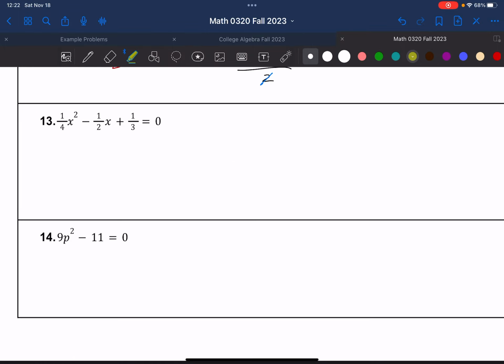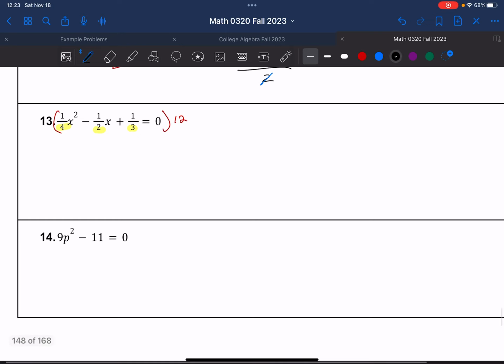Number 13, before we solve any of this, we need to get rid of the fractions. And remember, we get rid of the fractions by looking at the common denominator. So we have a 4, a 2, and a 3. So the common denominator between all of those would be a 12. So I'm going to multiply this whole equation by 12.